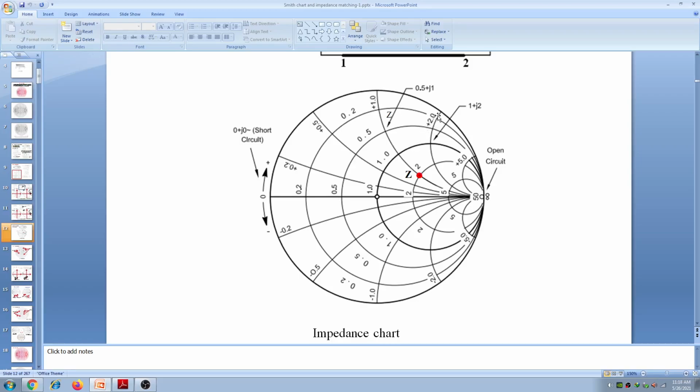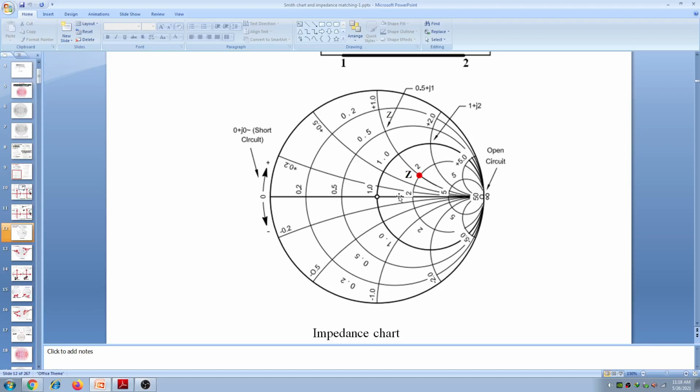So this circle, if you take, is a reactance circle. Its value is 2. Similarly, this circle is a reactance circle with value plus 5. Now this circle is a resistance circle; its value is 2, written here outside.